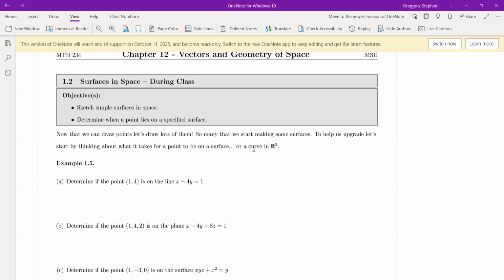As you might recall from forever and ever ago, if I wanted to complete the square on x squared minus 2x, I want to add half of 2 squared, which would be 1. Now x squared minus 2x plus 1 factors to x minus 1 squared, which is what I want to be doing.